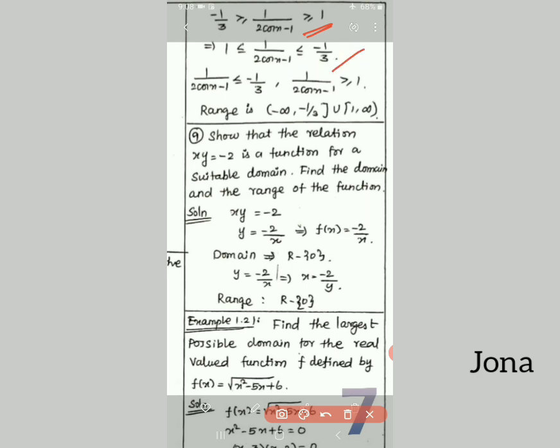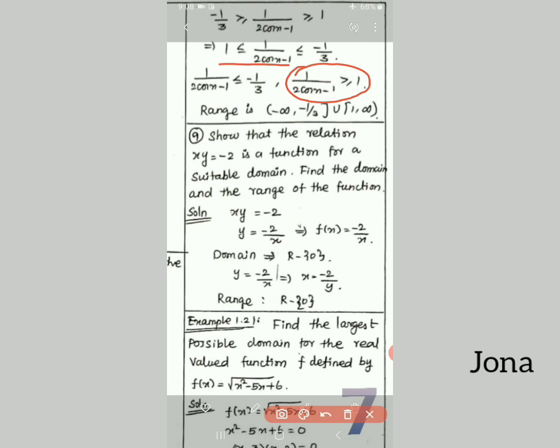So from this I can conclude 1 by 2 cos x minus 1 less than or equal to minus 3 here. And the same 1 by 2 cos x minus 1 is greater than or equal to 1 here. So I can take this as this one.